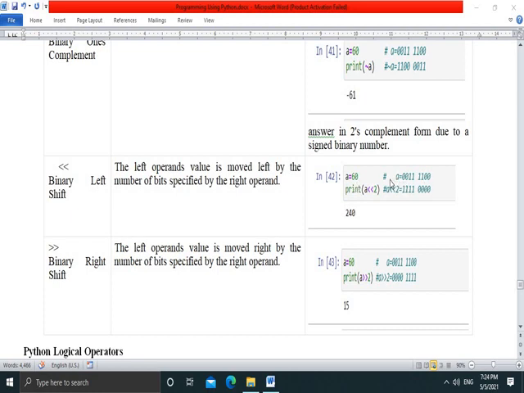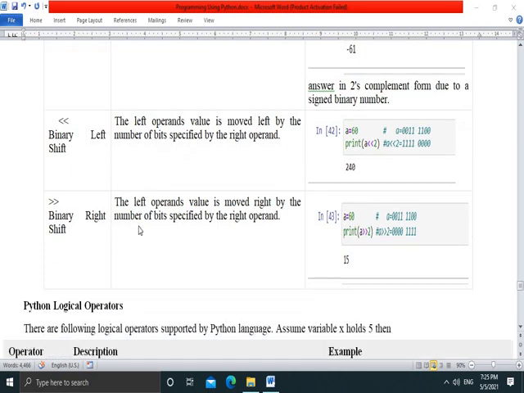Means if the binary of a is 0011 1100, then a left shift 2 means it shifts this binary of 60 to the left by 2 places. Means now 11 is shifted here and this 00 shifted back. So the answer is 11110000. So the answer is 240, the binary of this number.